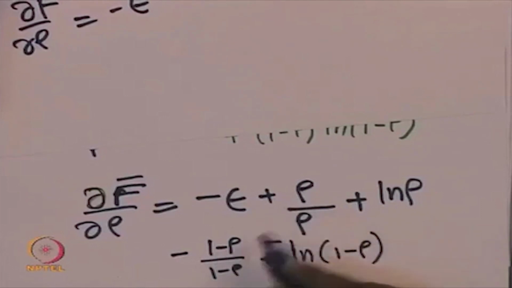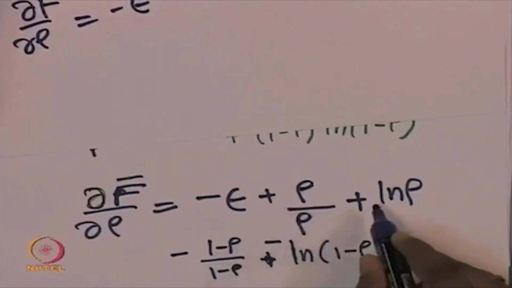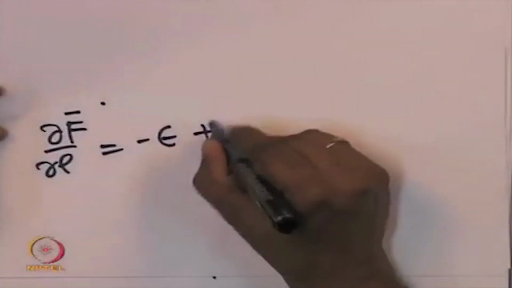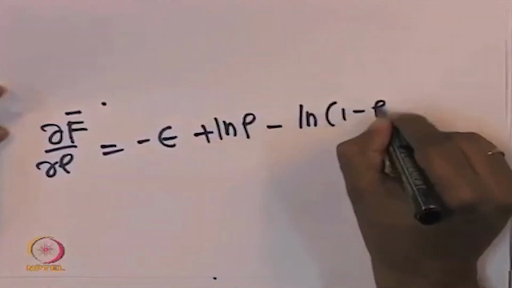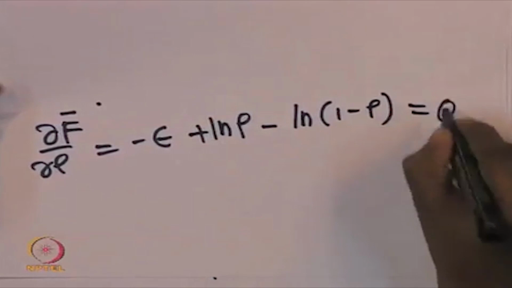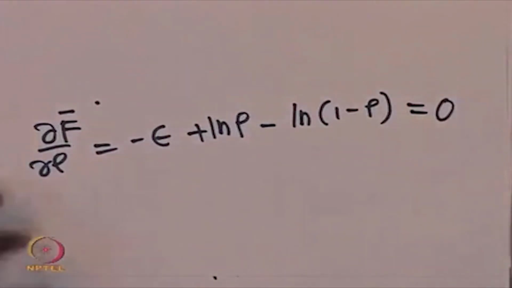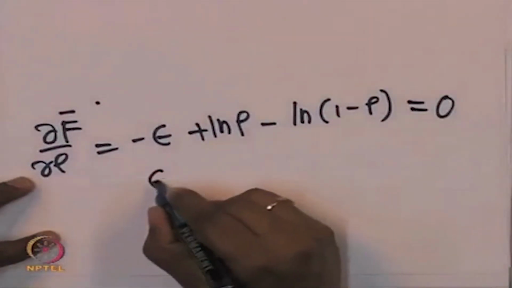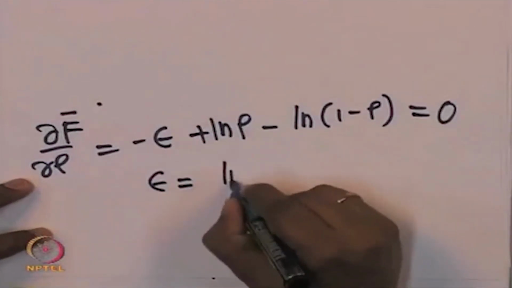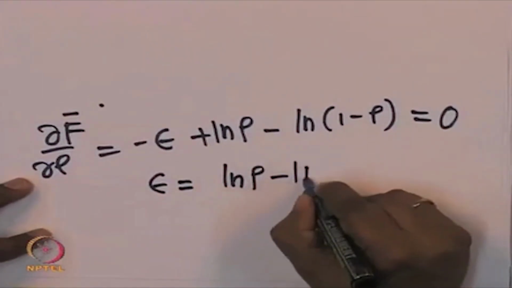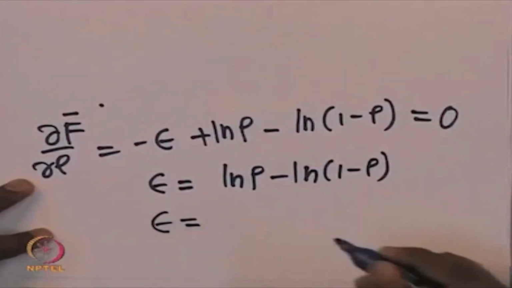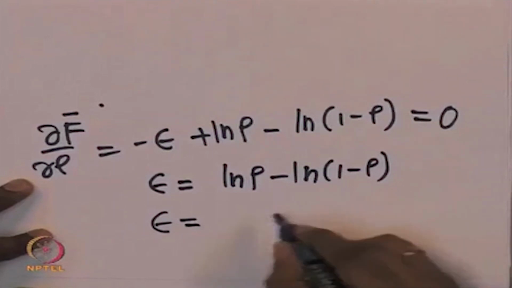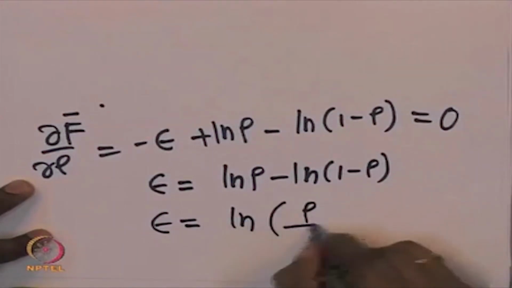This and this cancel, 1 minus 1 becomes 0. So, you have plus log rho minus log 1 minus rho, and this has to be 0. This means that epsilon is equal to log rho minus log 1 minus rho, which means epsilon is equal to log of rho by 1 minus rho.